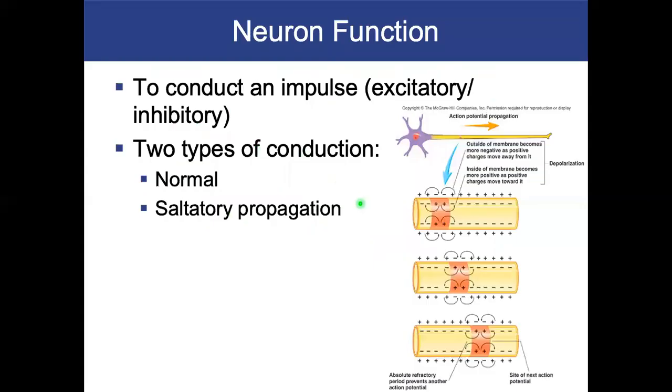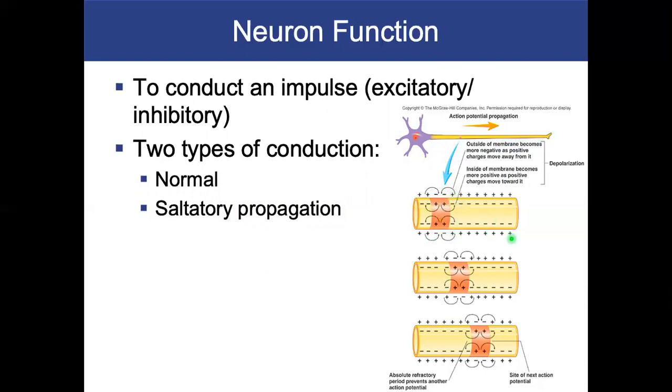To conduct an impulse, you covered this in anatomy, there are two types of conduction, normal conduction and saltatory propagation. Normal conduction means that the action potential is generated down the axon. So this region depolarizes and then it travels to this region, et cetera.